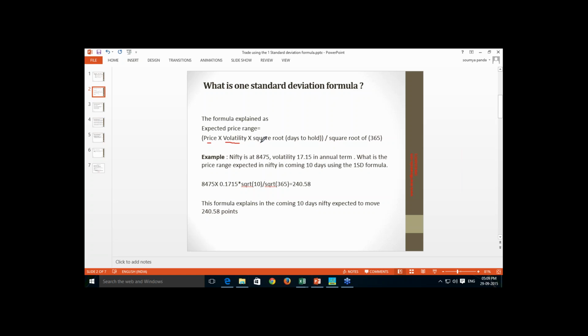Then this is multiplied by the square root of the days to hold, meaning if you are going to hold this trade for 3 days, 5 days, 7 days, you multiply by that, and the entire result you divide by the square root of 365. This gives you the expected price range, that is, how much price range you can expect from that particular counter.